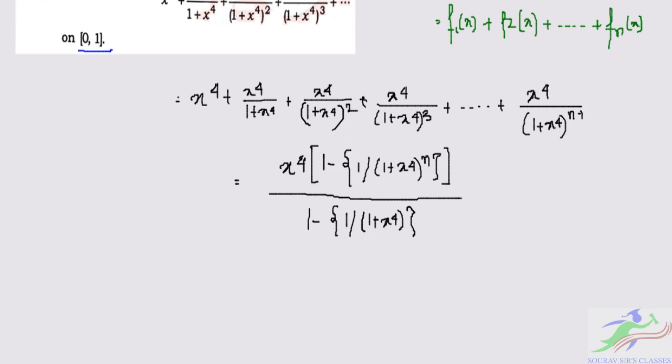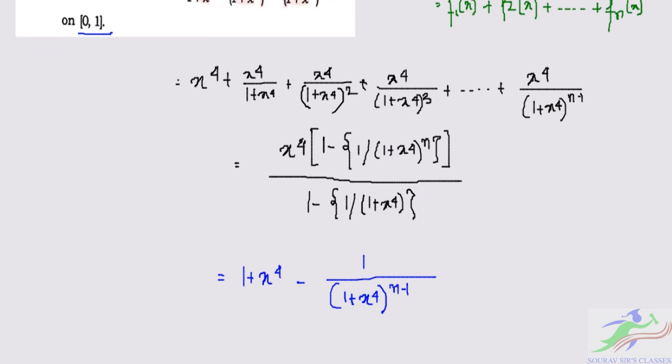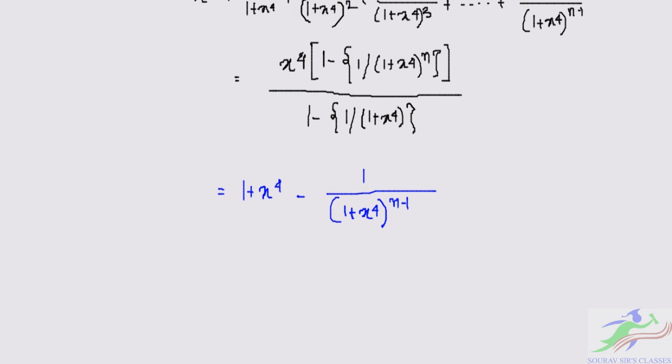Now if we solve this further, we will get 1 plus x to the power 4 minus 1 upon (1 plus x to the power 4) to the power n minus 1.